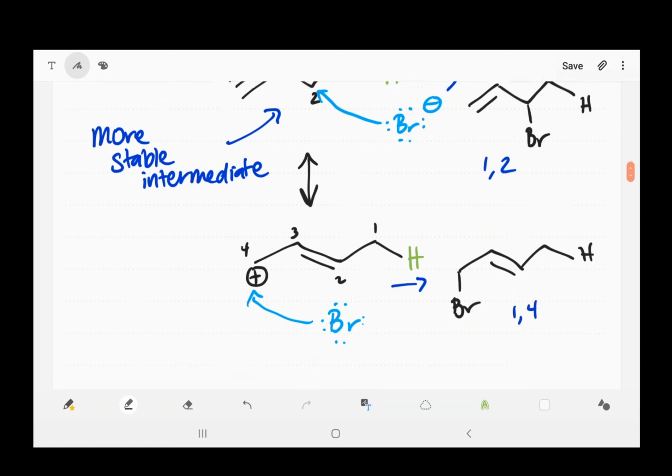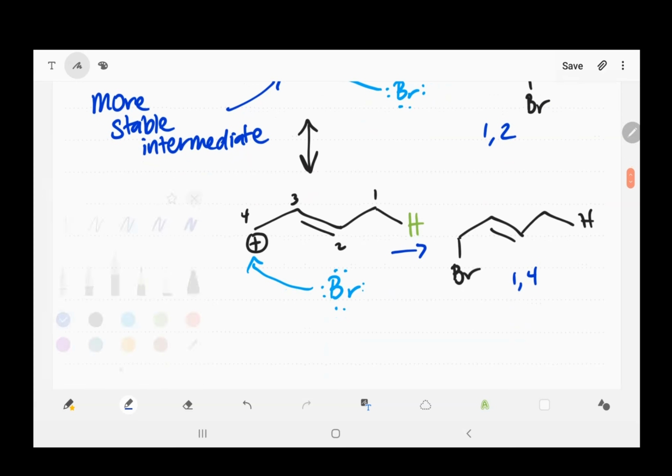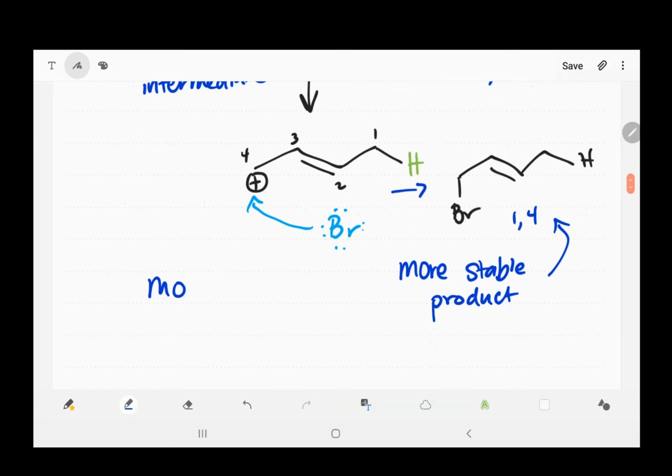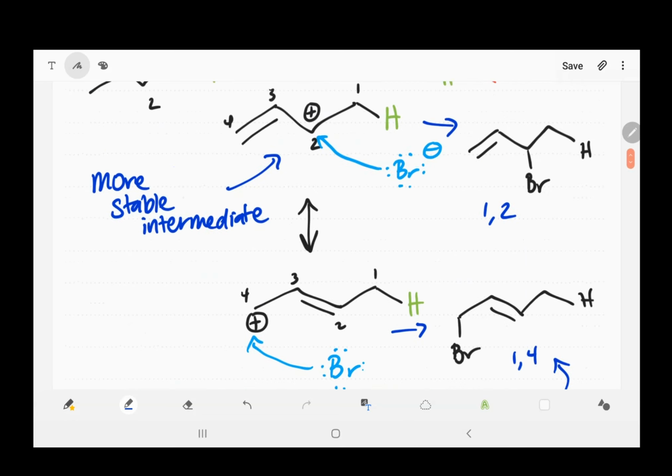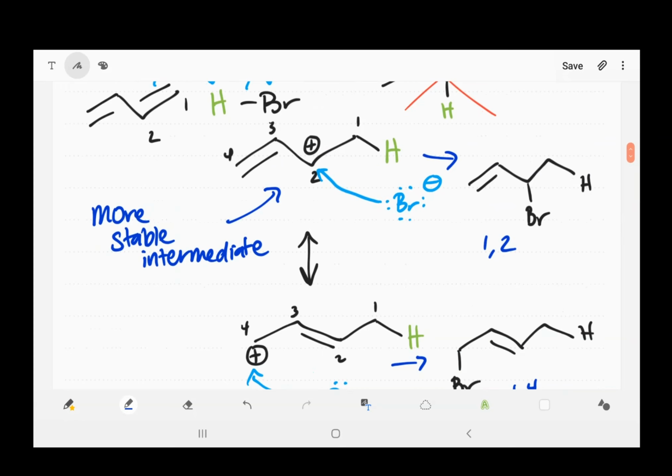So we're going to see that this guy, the 1,4, is going to be the more stable product, because it's the more substituted alkene. So we see here that we have 2 products from this reaction.